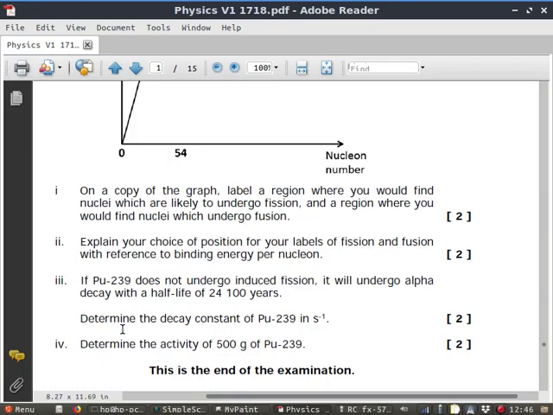No, it's similar, but it's not Bq. The next one is Bq.